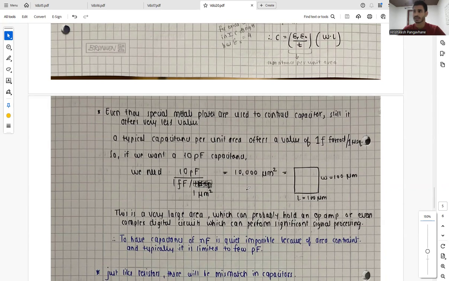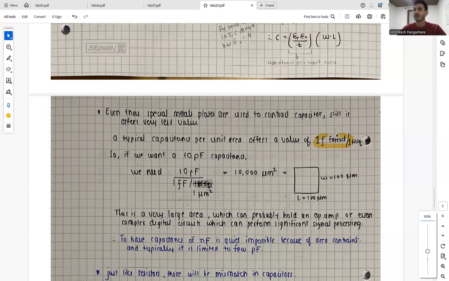Why so? Because a typical capacitance per unit area is about 1 femtofarad per 1 micron square. So this is very little capacitance offered by a typical capacitance per unit area.